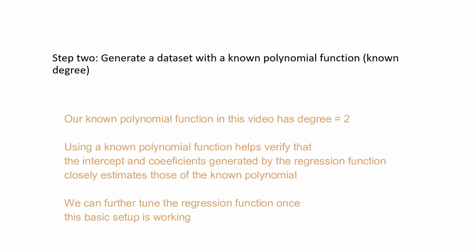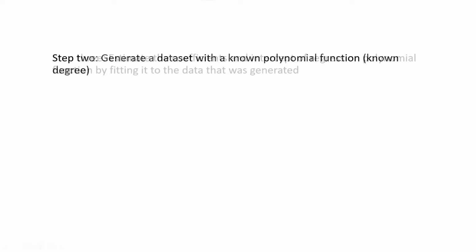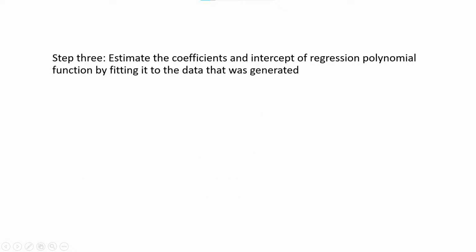I won't reveal the known polynomial function I used to generate the data until towards the end of this video. Instead, I will estimate the coefficients and intercept of my regression polynomial function by fitting it to the data that I generated. This is step 3.